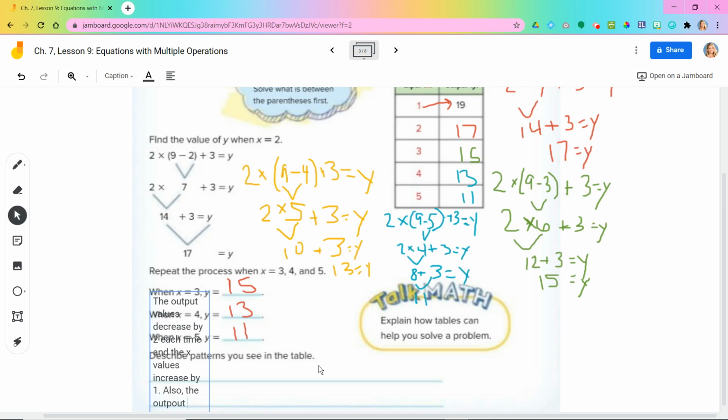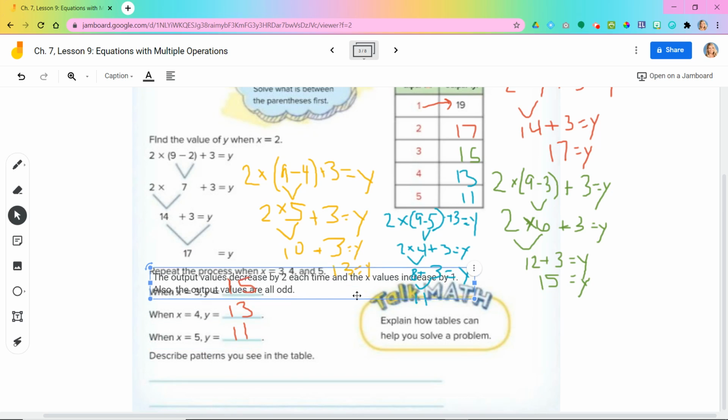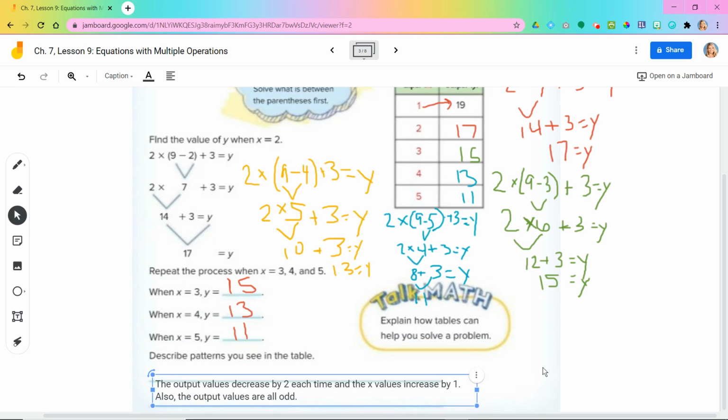Also, the output values are all odd numbers. So let's see if I can stretch that out so you can read it a little bit better. All right, so those are observations, and you guys are really good at making those observations.